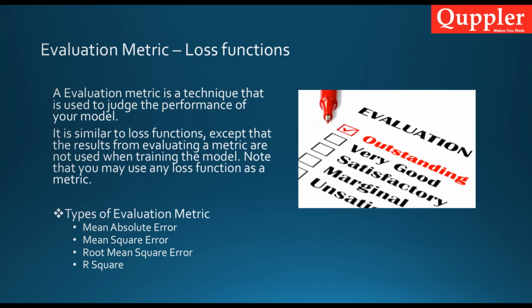There are different types of evaluation metrics like mean absolute error, mean square error, root mean square error and R square. We're going to see both mathematically and programmatically, when we cover it in the live session, how we call the scikit library to calculate this and how we can solve it mathematically.